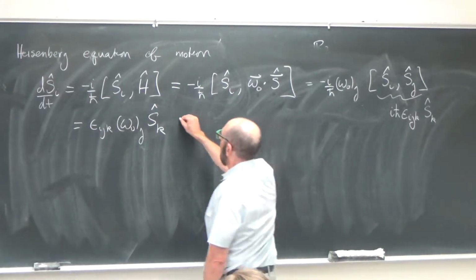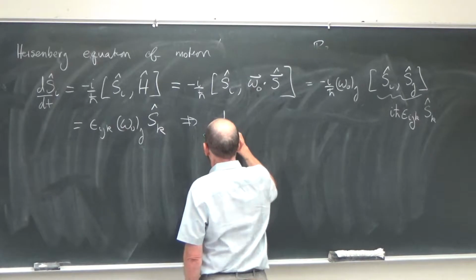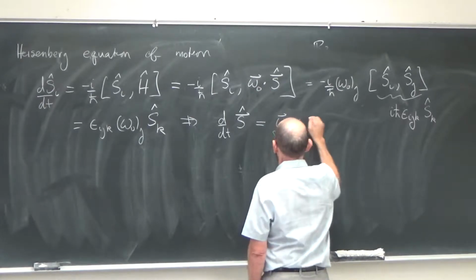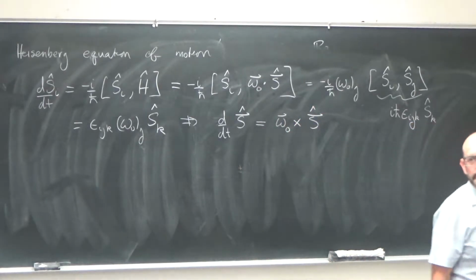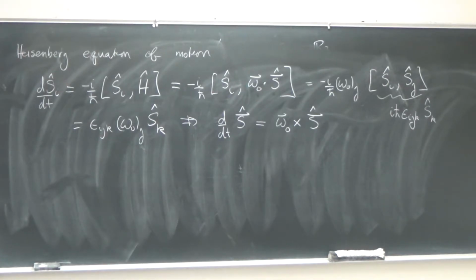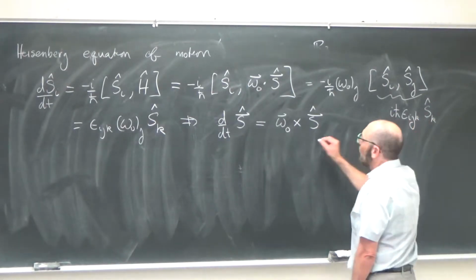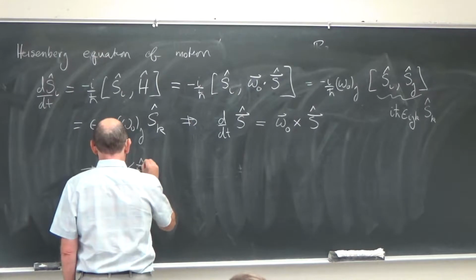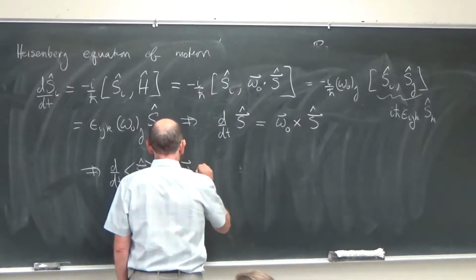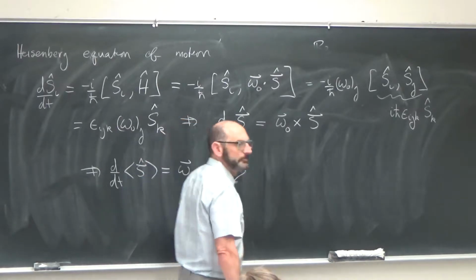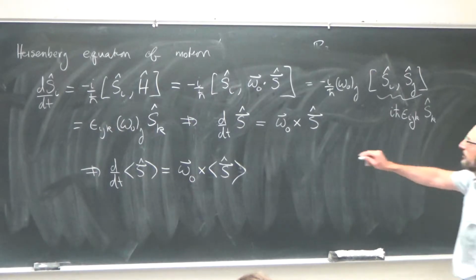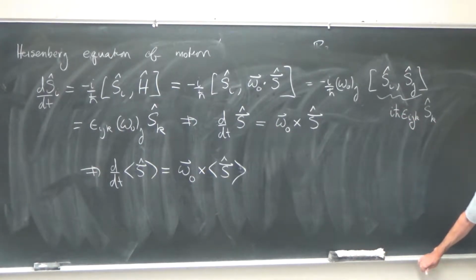And so, what this tells me is that as a vector of matrices or operators, this is equal to omega cross S. Or equivalently, if I asked how the expected value of the spin operator evolves as a function of time, it evolves in this way, taking the expectation value of both sides of this operator equation, right? And so, what is that equation?